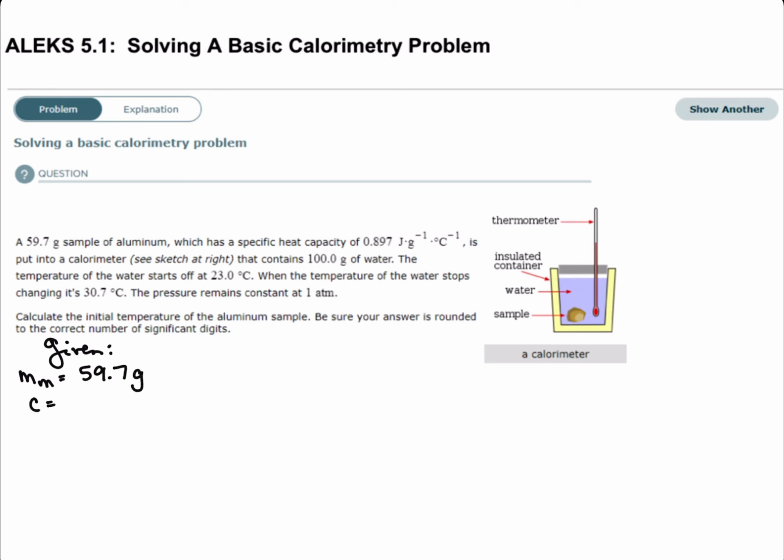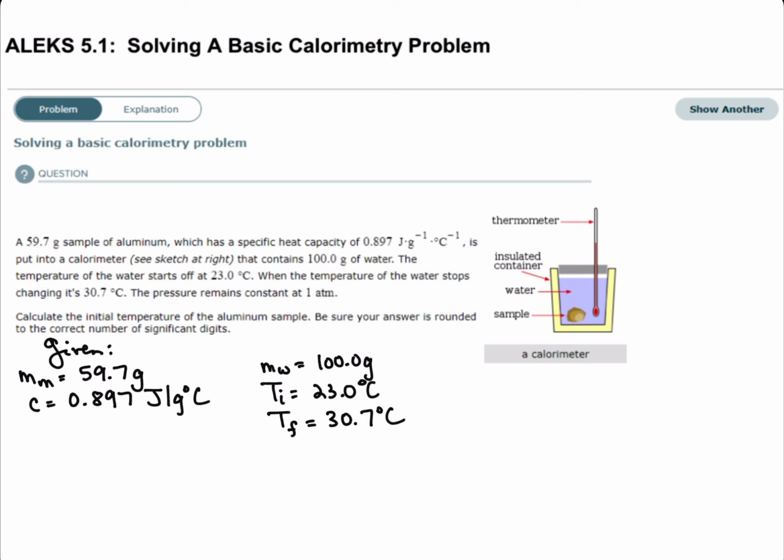It has a specific heat of 0.897 joules per gram per Celsius. It was placed in 100 grams of water, and the initial temperature of the water was 23.0 degrees Celsius, and its final temperature was 30.7 degrees Celsius.